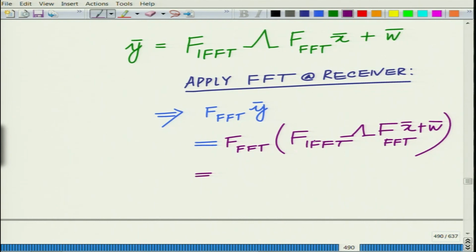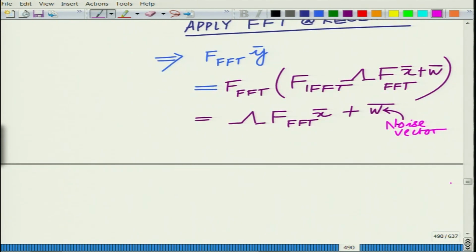Now, F FFT times F IFFT is equal to identity. So, this will simply be lambda times F of FFT times x bar plus the noise vector. Here x bar is your symbol vector, and this is your FFT matrix.